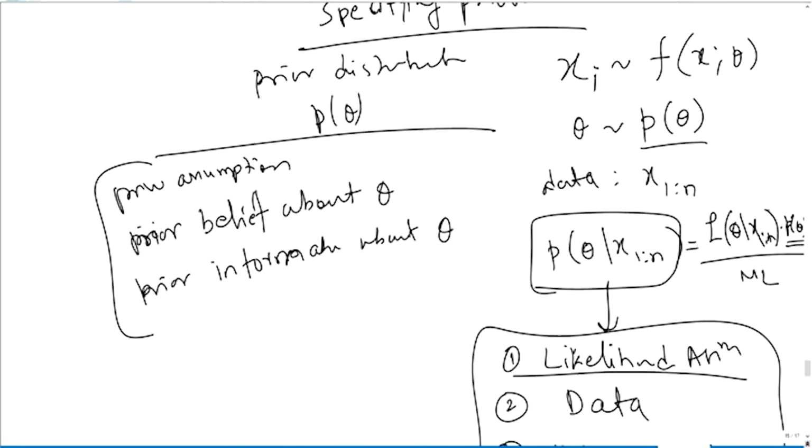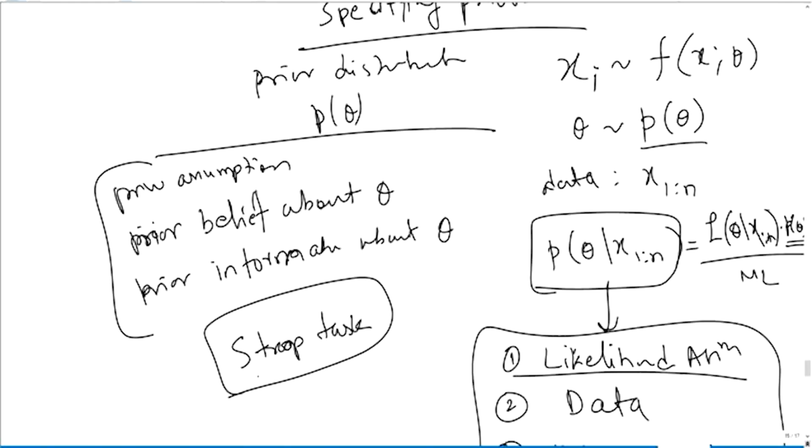So, the idea is this: let's say you are investigating a Stroop task. Let's say you're trying to model reaction times in a Stroop task, right? Now, you have done the same task before, you or some other researchers in the field.